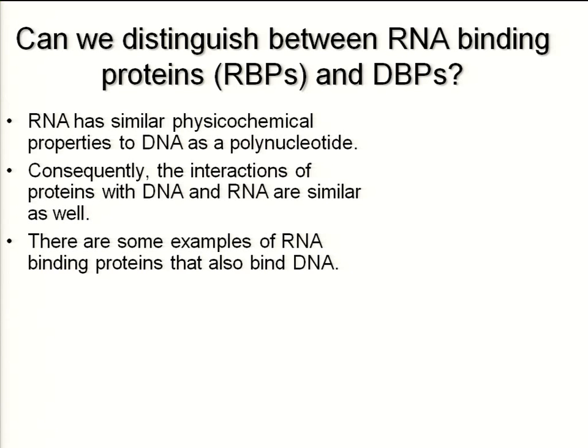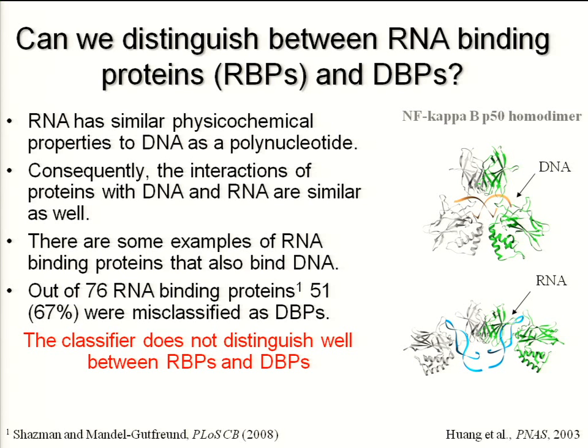One of them is shown here. And indeed, we have a problem, and we confuse DNA and RNA binding with the current protocol. However, Guy just told me about a preliminary analysis that he did where he addressed only the question of, let's say we know that a protein may bind either DNA or RNA, can we classify, and there we do better than random. But it's work in progress.